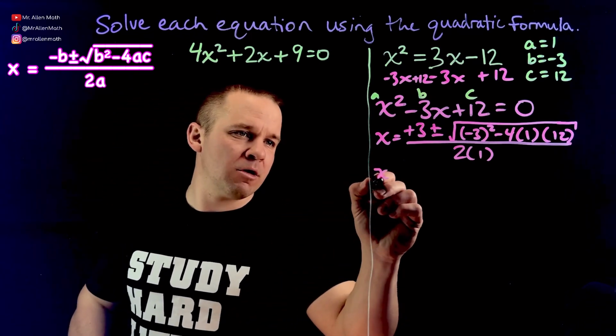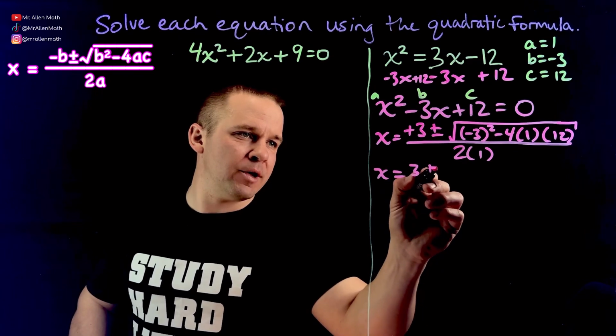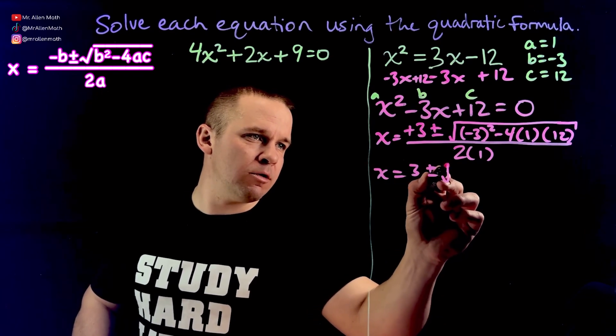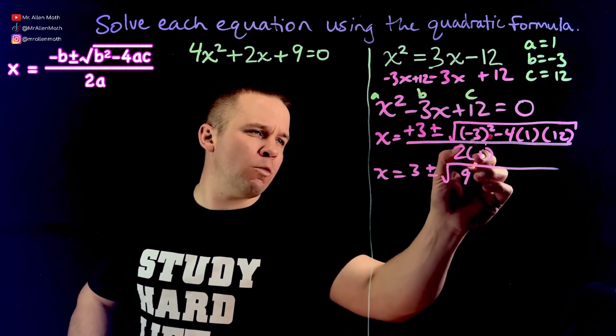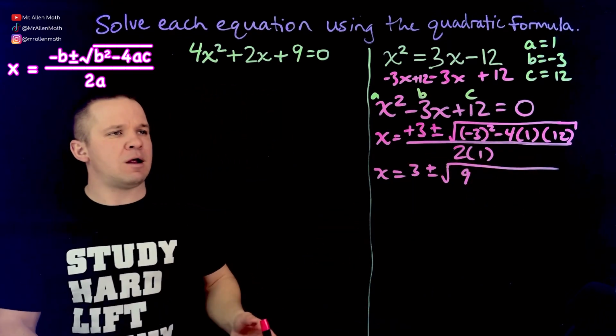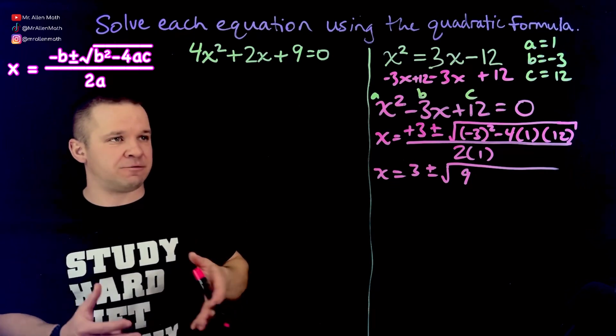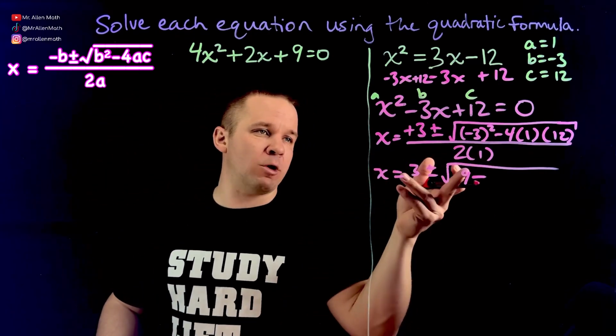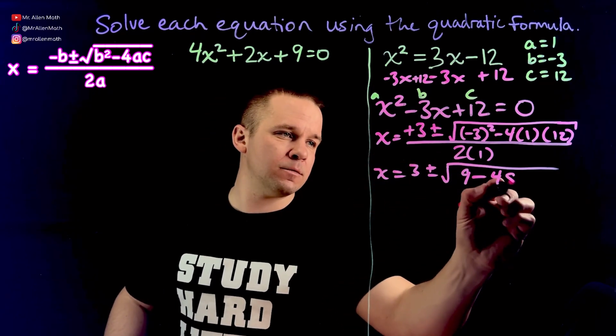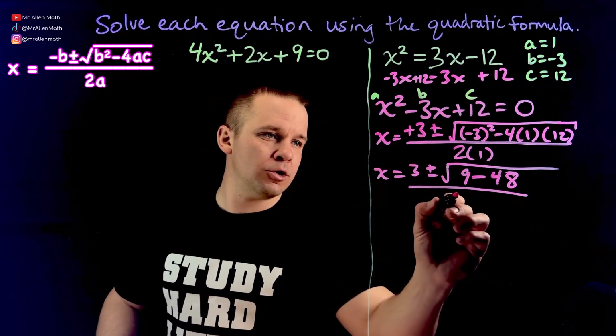We're going to have x equals 3 plus or minus the square root of negative 3 squared is 9. And then when I get to this minus 4ac part, I like to figure out is it positive or negative first. 1 negative means it's going to be subtraction. Now it's just 4 times 1 is 4 times 12 is 48, all over 2.